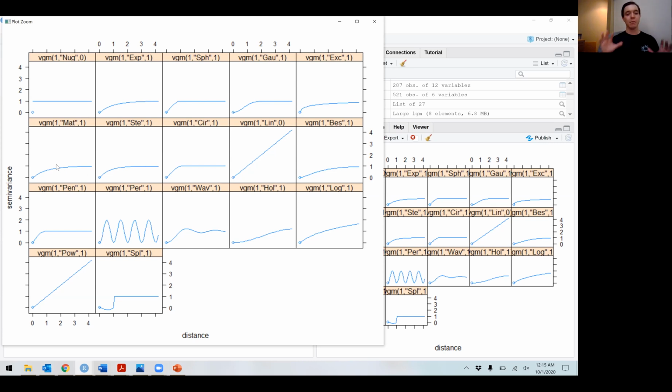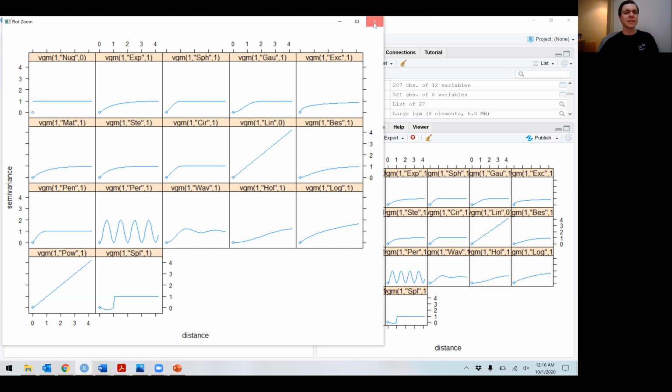So my suggestion to you would be to stick to the classics: your exponential, your spherical, your Gaussian, maybe. The Gaussian is particularly smooth around the origin. It has kind of an S shape to it, whereas the spherical and the exponential are fairly linear around the origin. Just about every single other one is quite linear at the origin.